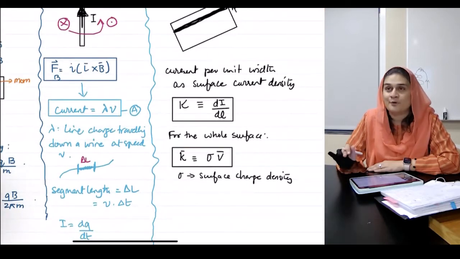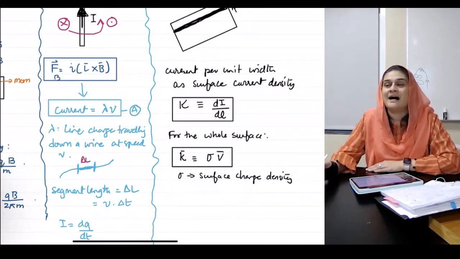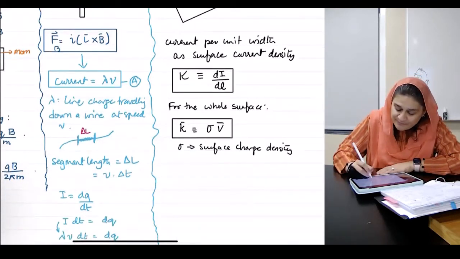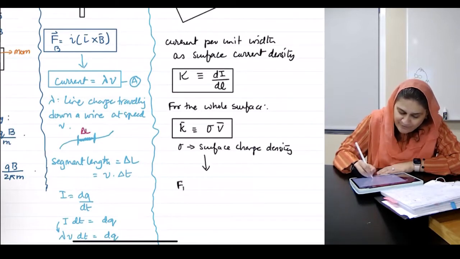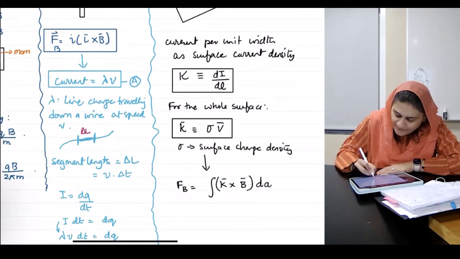we define force, that a current carrying wire makes a magnetic field as F equals IL cross B. In this case, we can define FB as K times B over area.